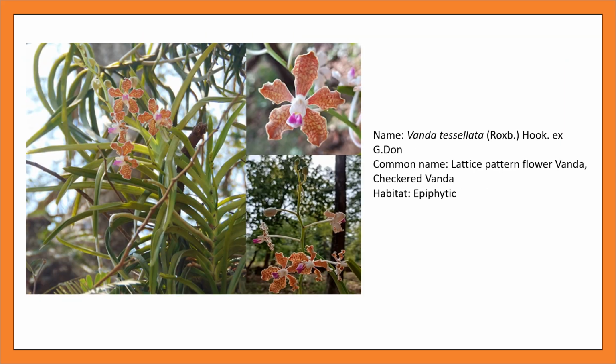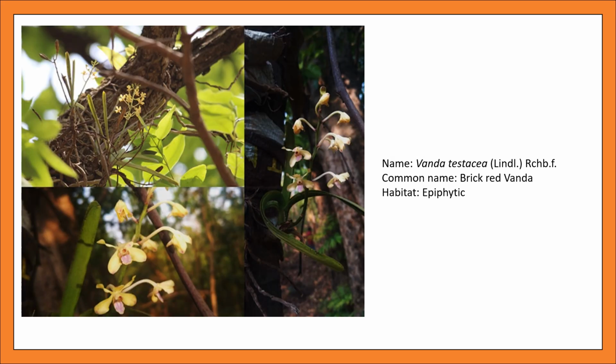Vanda tessellata, the most common species of Bonai Forest Division. It has three variants, that means three different colors of flower. This is the Vanda testacea, another species of Vanda, small flowered, yellow or brick red Vanda.